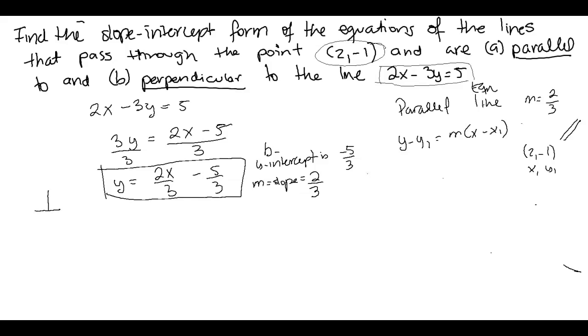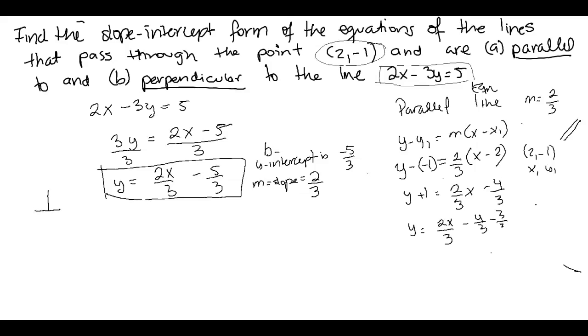If I plug this in right here, I have y minus -1 equals the slope 2/3 times x minus 2. If I simplify this, I have y plus 1 equals 2/3 x minus 4/3. If I move the 1 around, I have y equals 2x over 3 minus 4 over 3 minus 1, so it's 3 over 3.